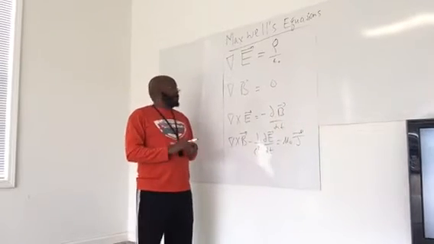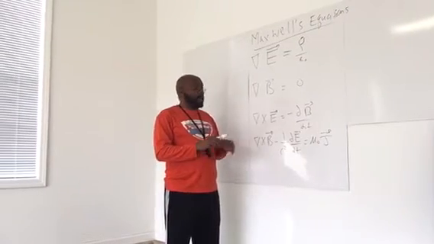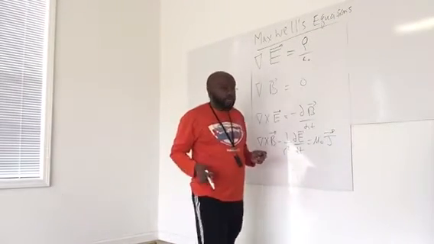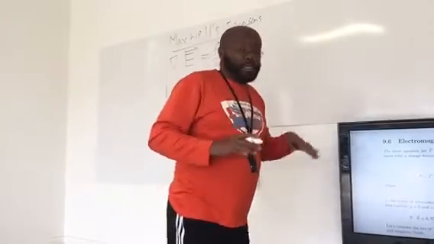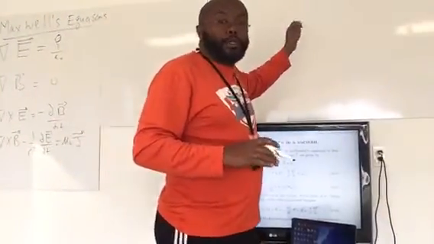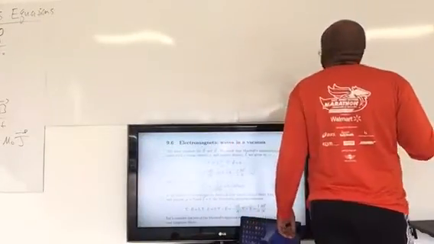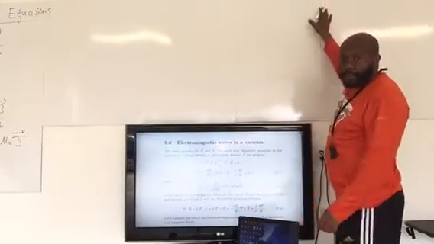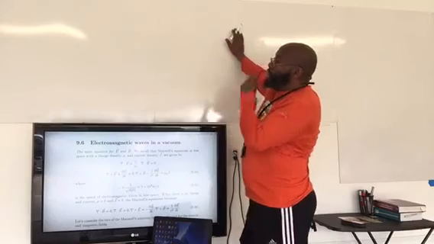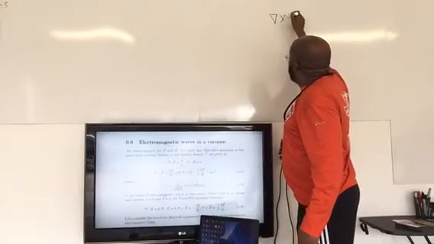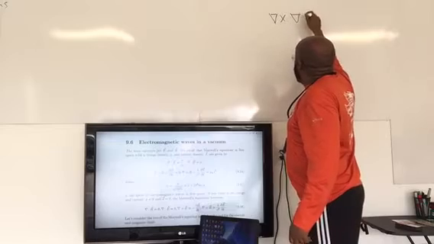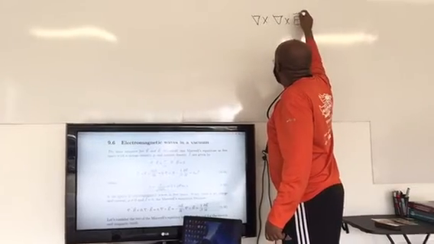I will stop here, but before I stop, I just want to write on the other side, since I'm going to use the entire board. So what we did was we took the curl of the electric field.